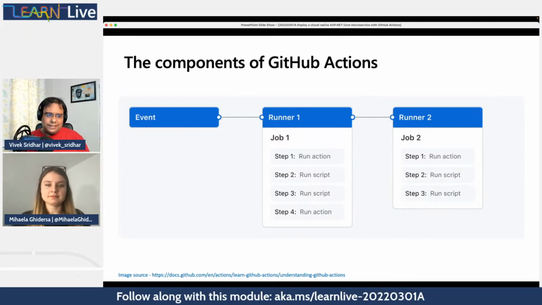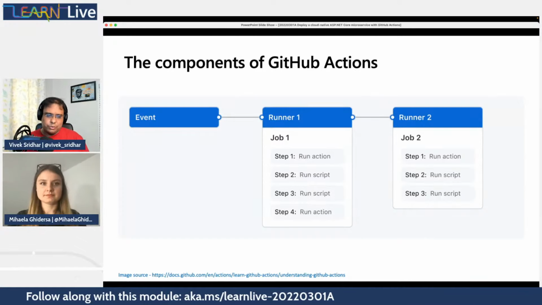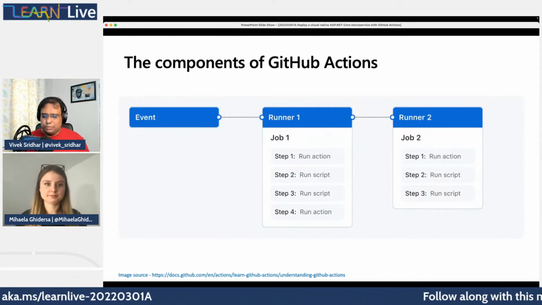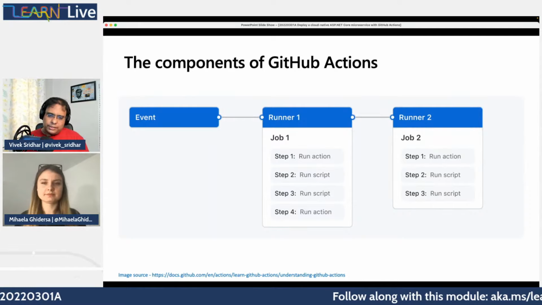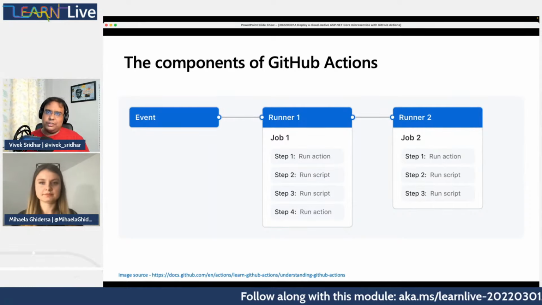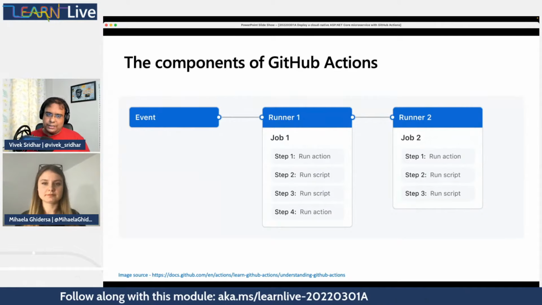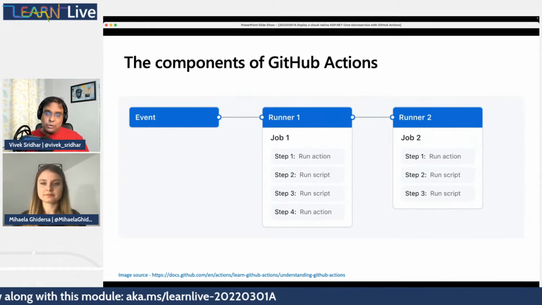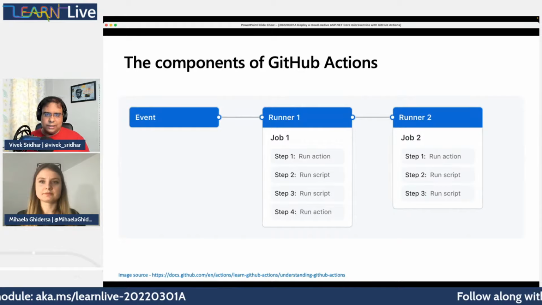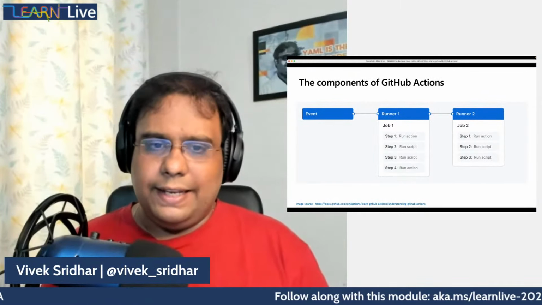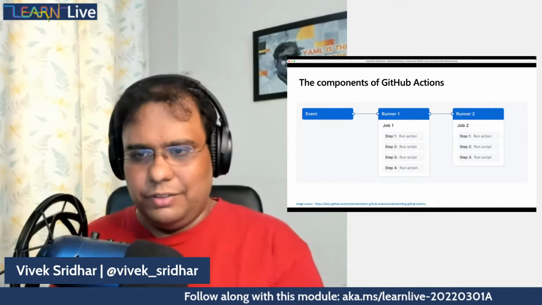It's always triggered through an event. So there has to be an event. It could be a developer pushing code on the main branch or any of the branches, or it could be an issue being created, or it could be a new contributor joining your GitHub repository to deliver code. And you can see there are different runners.